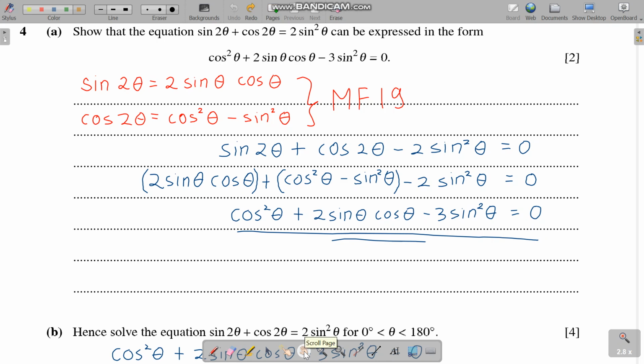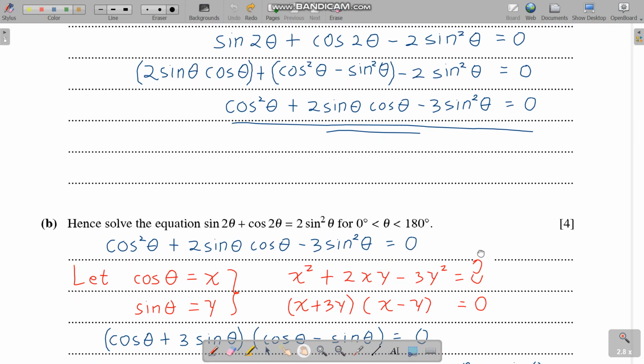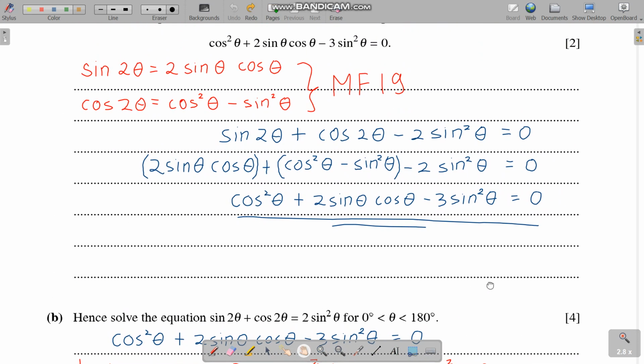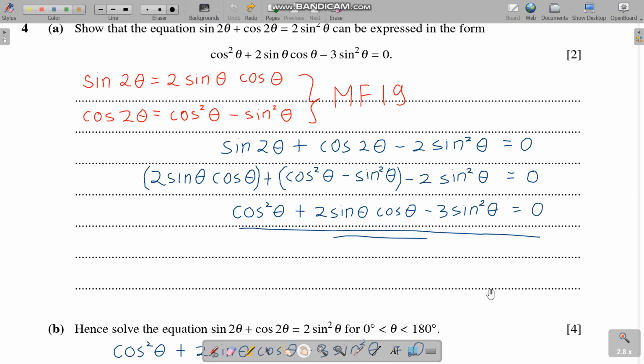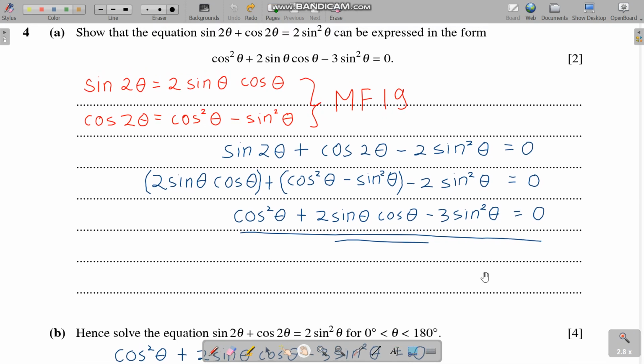Okay, now that we have what we need to prove, we do part B, solve the equation. So for this kind of questions, first of all, be careful and check whether this equation is exactly the same as the one in the first part, because sometimes maybe instead of 2 theta here we have 4 theta or 8 theta or something, so be careful.